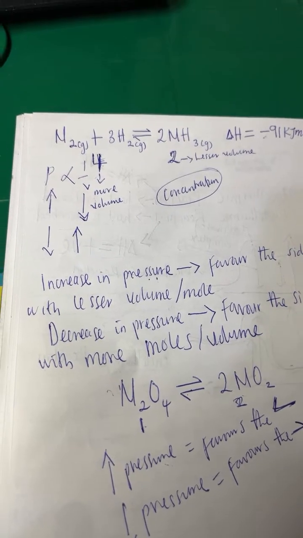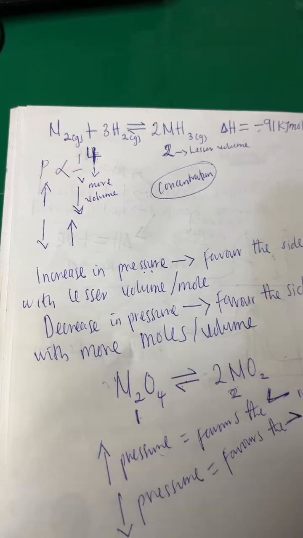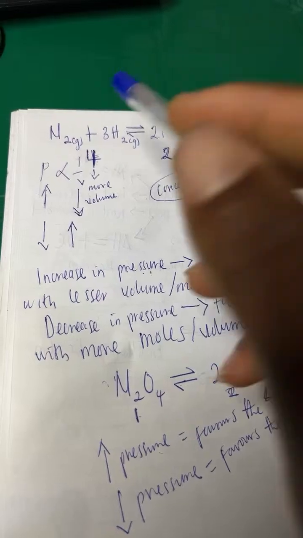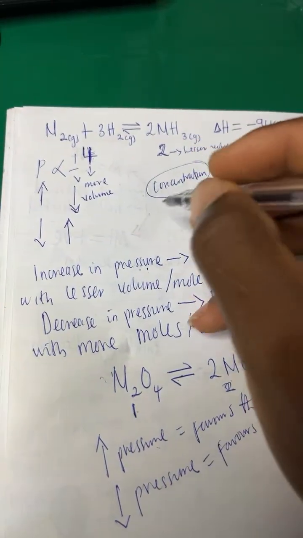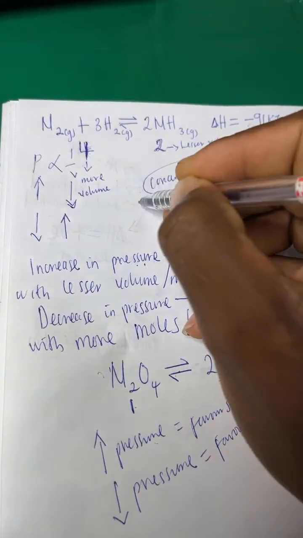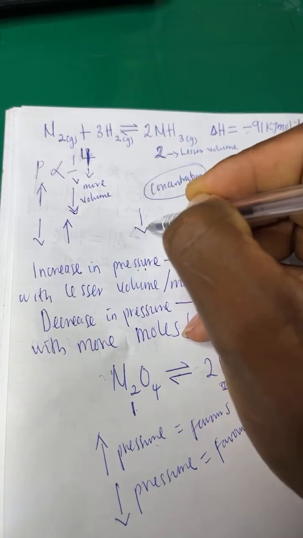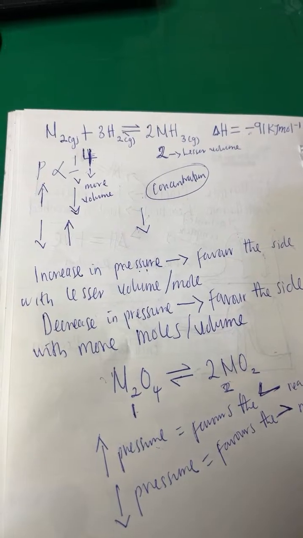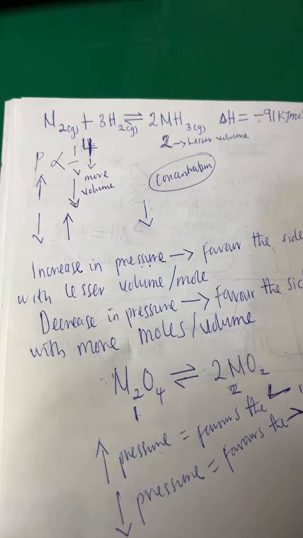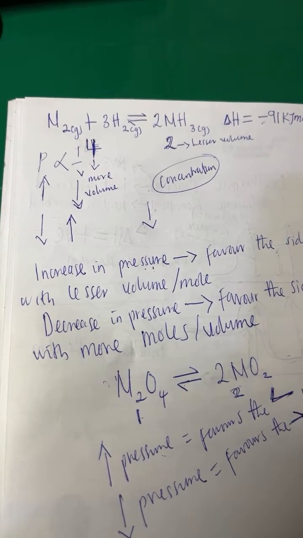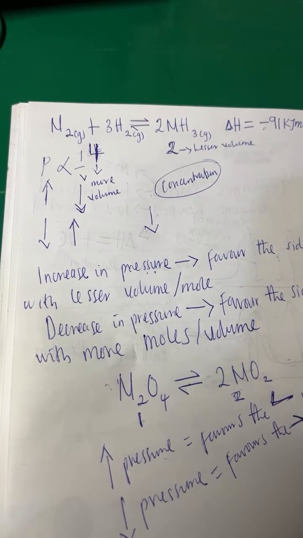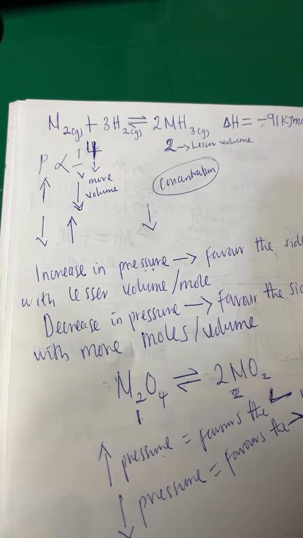Going the other way, if there is a decrease in concentration, you'll be given it in the question. They will tell you that if the concentration of the reactant is increased, what part of the reaction will be favored? The forward reaction will be favored.